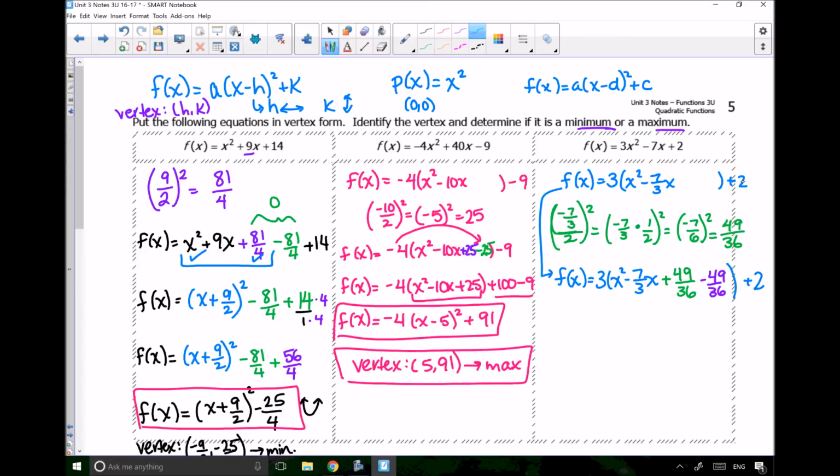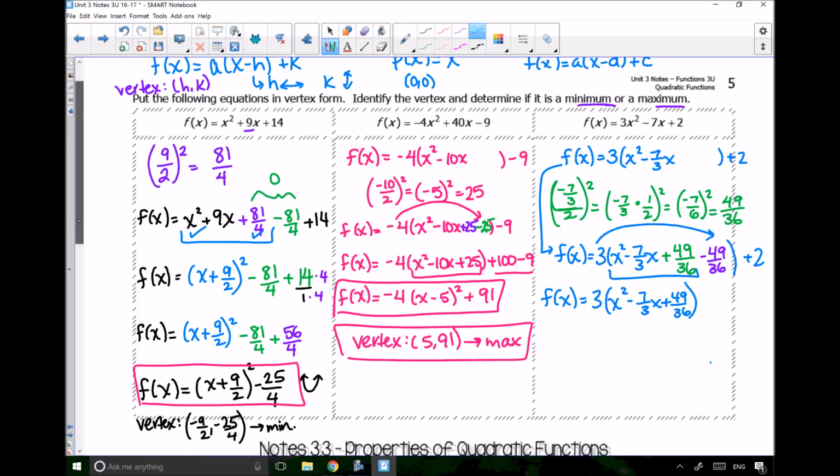So all I did was copy everything down here, and then I added 49 over 36 and subtracted it here to complete the square, here to balance it out. So now I'm only going to keep my perfect square trinomial inside of my brackets. So only the first 3 terms, and I'm going to distribute the 3 to the -49 over 36.